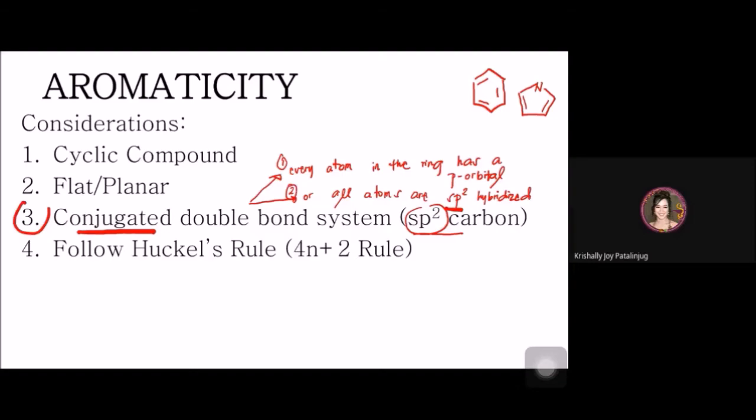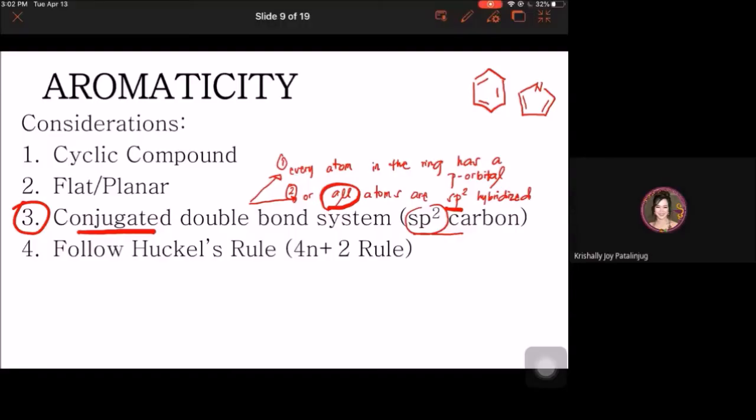Okay? Now, how do we determine if atoms are sp2 hybridized? Because it says here that all atoms in a ring must be sp2 hybridized. So take note.